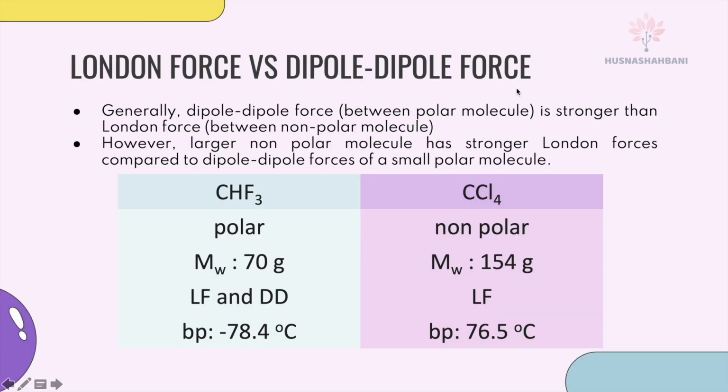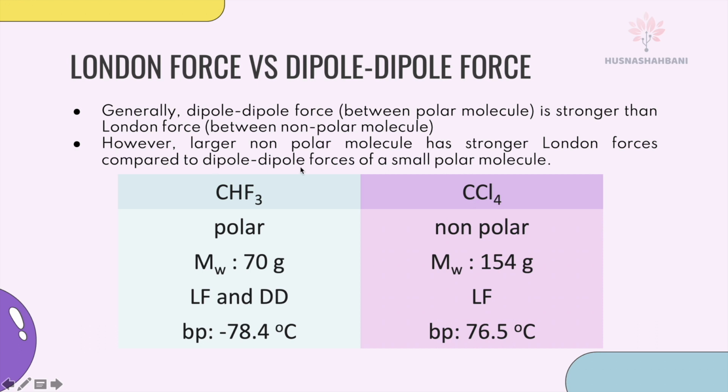London force versus dipole-dipole force. Generally, dipole-dipole force that exists between polar molecules is stronger than London force, which exists between non-polar molecules and also polar molecules. So generally, dipole-dipole force is stronger than London force.